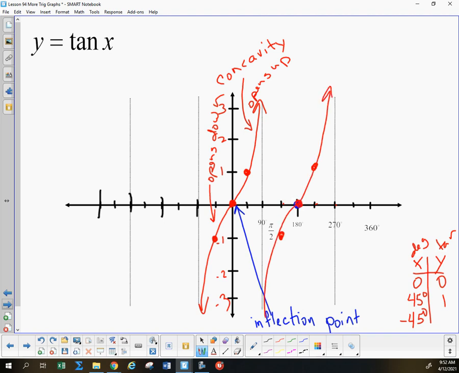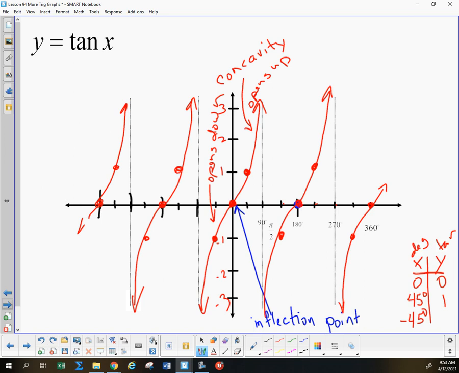And so I'm going to have another one of those squiggly things, and another one, and another one, and so on forever and ever. So are you okay? That's basically what a tangent graph needs to look like.